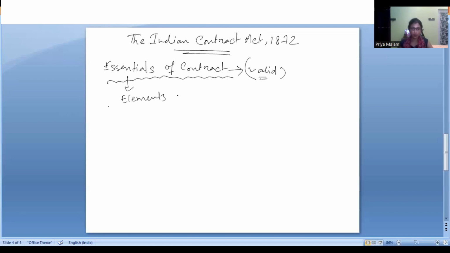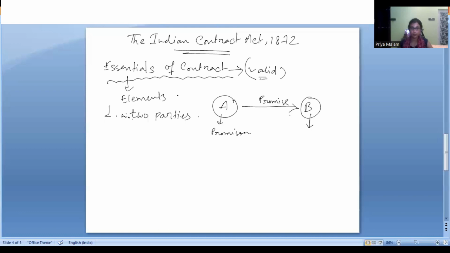So the first one is there should be two parties, no doubt about it. Minimum two parties. Because there is the promisor, who is making the promise, and this promise is going to B, and B is accepting the promise.